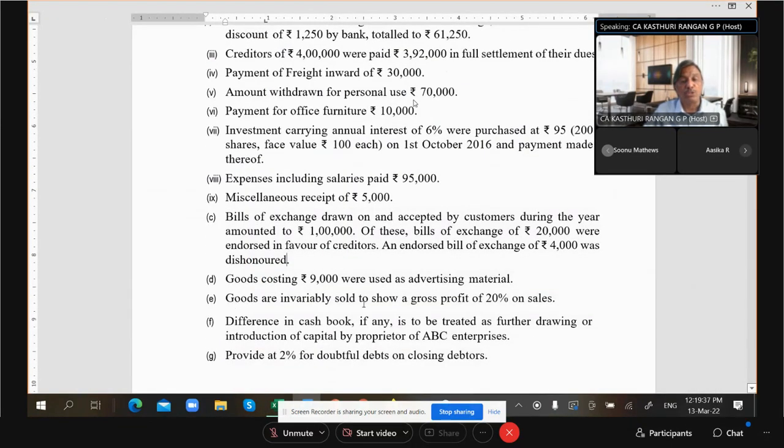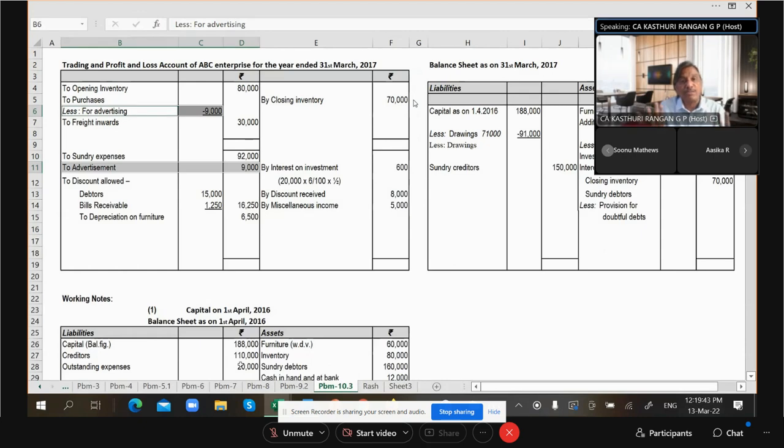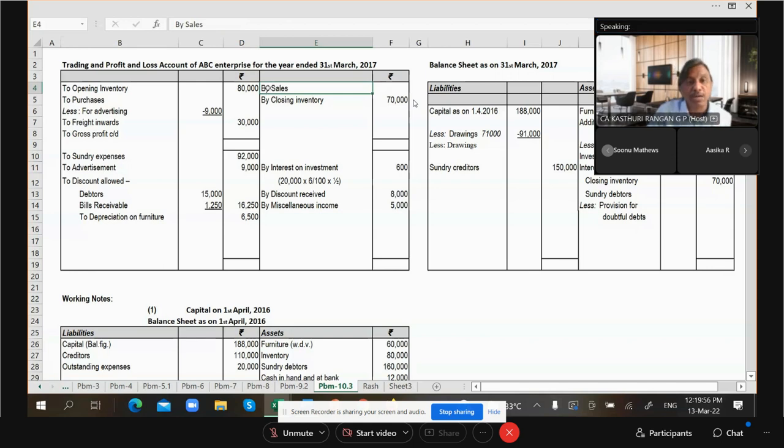Goods are invariably sold to show a GP of 20% on sales. If you know the sales, you can apply 20% to get the gross profit. If you know the gross profit, you can get sales. But we do not know both, and somehow we have to find out. How to find out sales? Very easy.